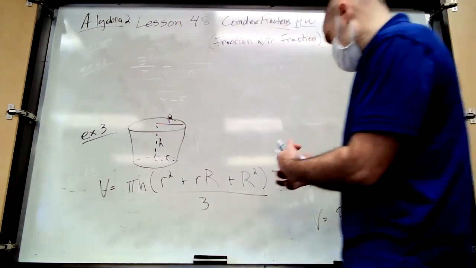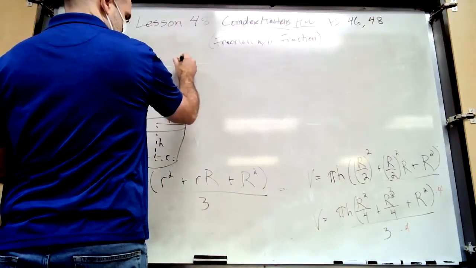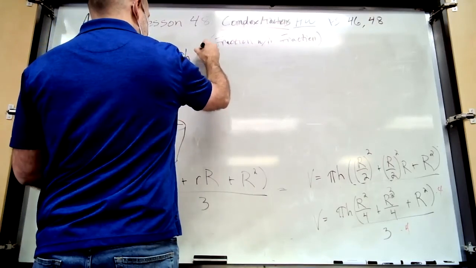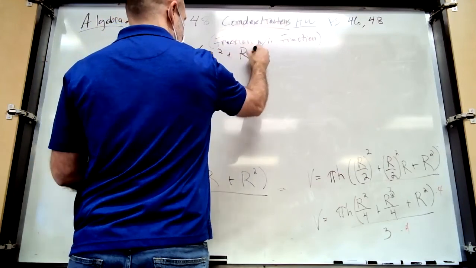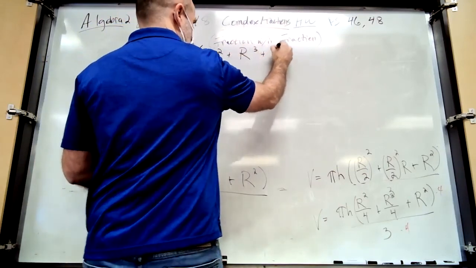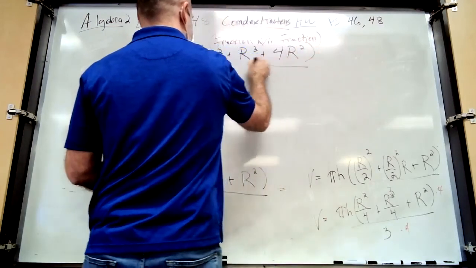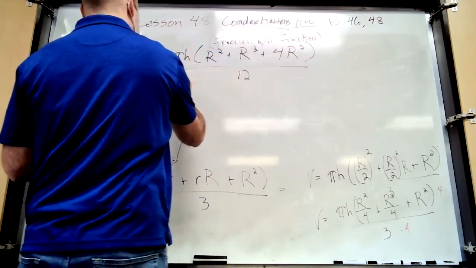And so I'm left with volume equals pi h times R squared plus R cubed plus 4R squared, all over 12. These are like terms.